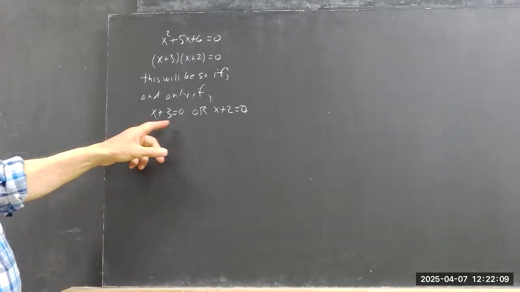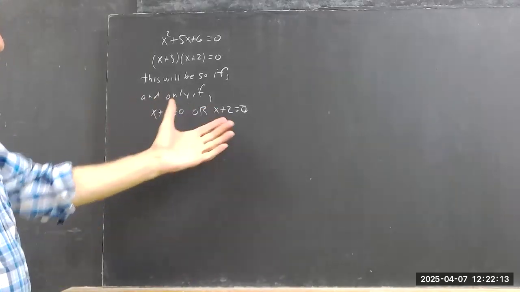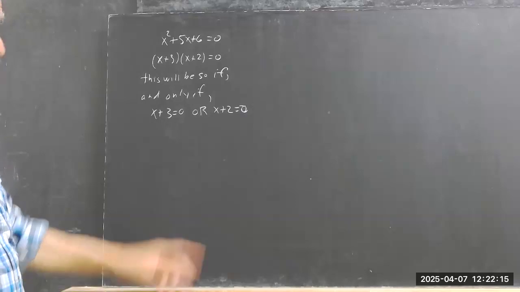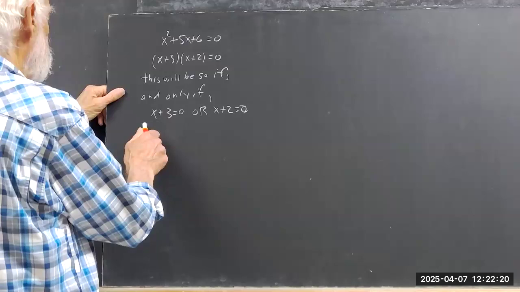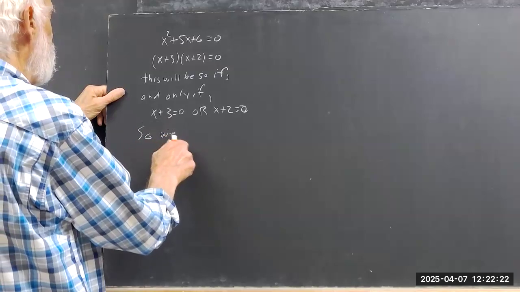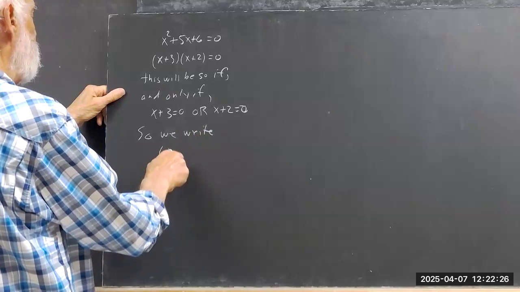And we don't say x plus 3 equals 0 and x plus 2 equals 0 because they can't both be 0 for the same value of x. One or the other can be 0. So we're right.